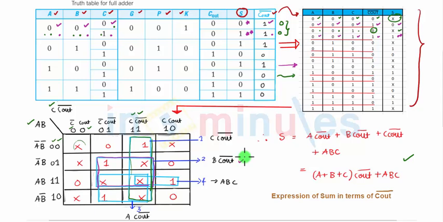Similarly, you can do it for these two terms, don't care and 1, which is A and B along with C, because A and B are taken from here and C is taken common from here. So this is ABC. Similarly, we can find this as A Cout bar. So sum is A Cout bar, which I have taken here, plus B Cout bar, plus Cin Cout bar, plus ABC. If you take Cout bar common, it's A plus B plus Cin, times Cout bar, plus ABC.